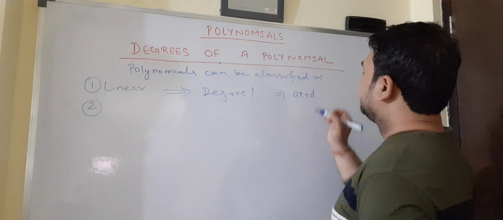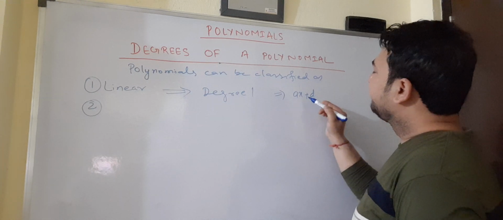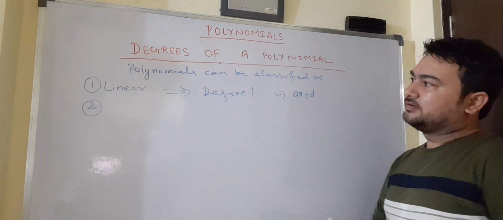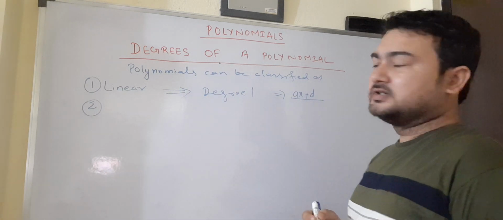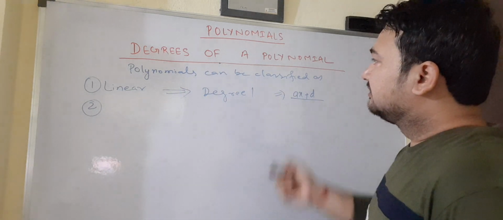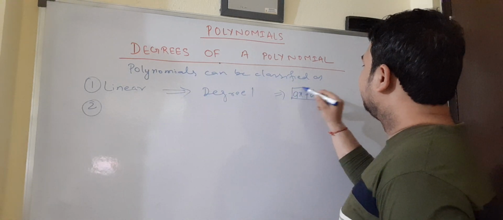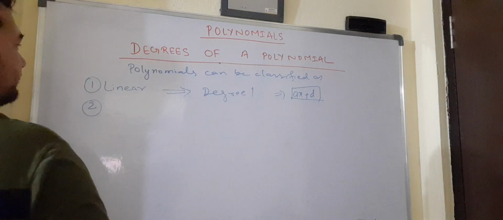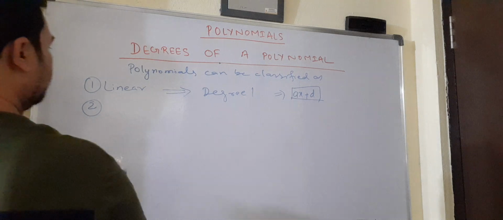Here you will have one constant, here you will have a coefficient, it may be 1, and this one will be your variable. You can take any variable, but this is just a representation of the form in which such polynomials will occur. So we have linear polynomial. These are the polynomials with degree 1.